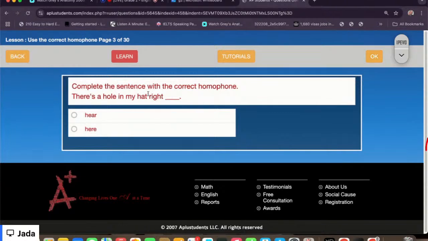There's a hole in my hat right where? Here or here? Which of them? There's a hole in my hat right where? So which one is the right answer? Right where?